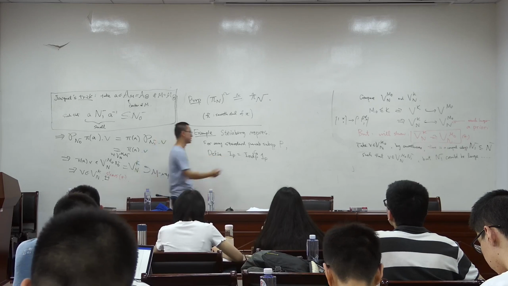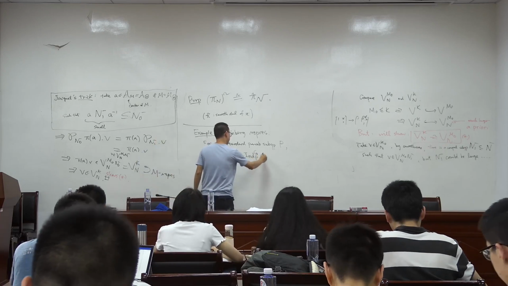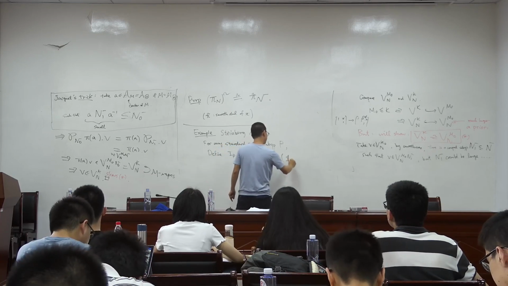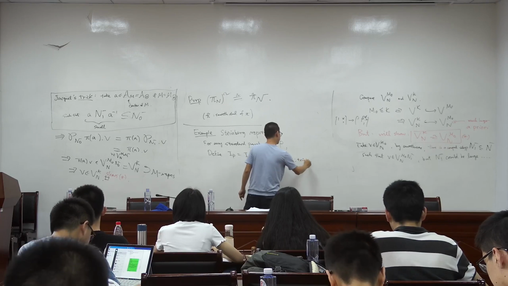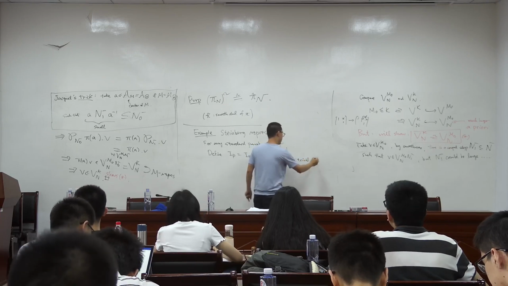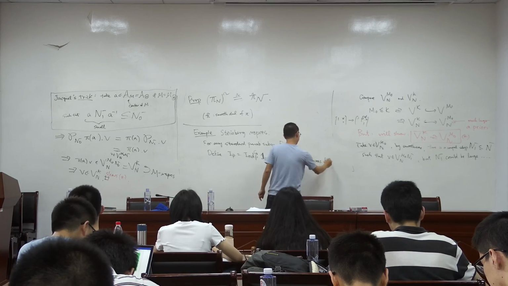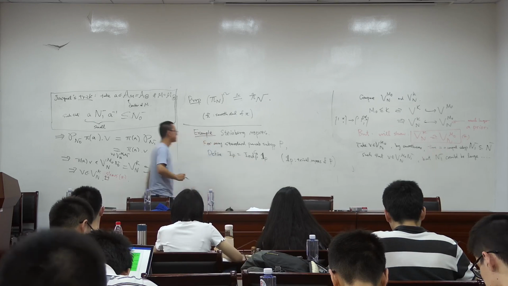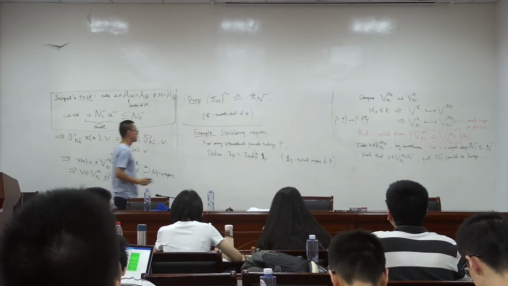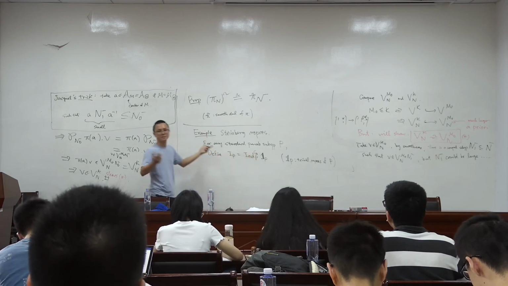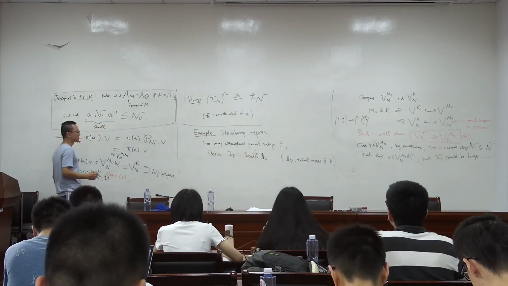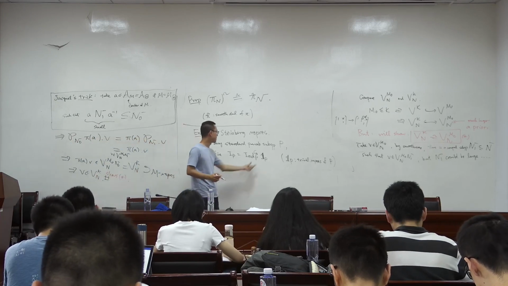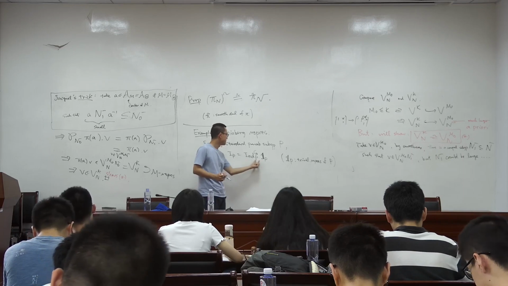Here 1_P is a trivial one-dimensional representation of P. It's just a trivial character, and I just induce it to G. Or you can think about it as a parabolic induction.